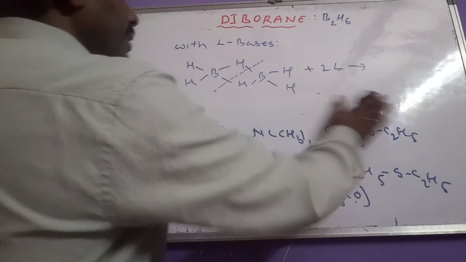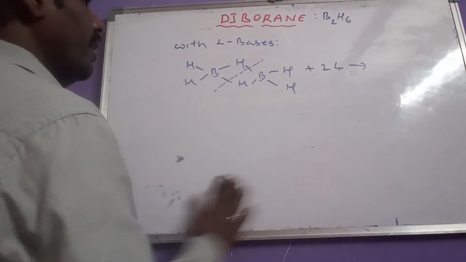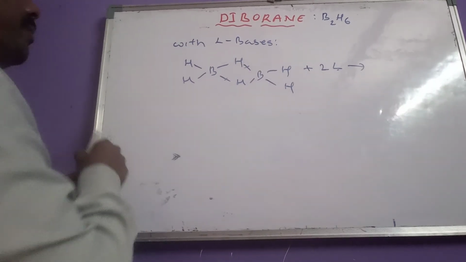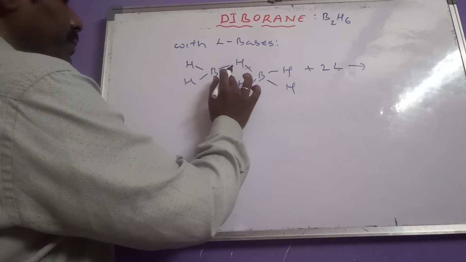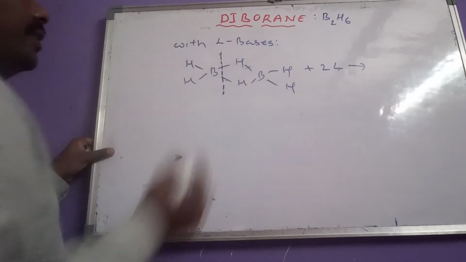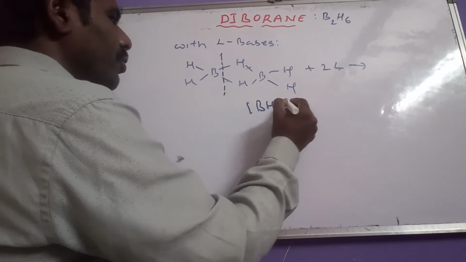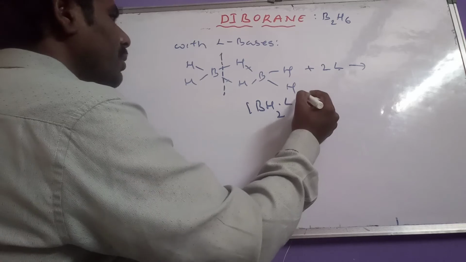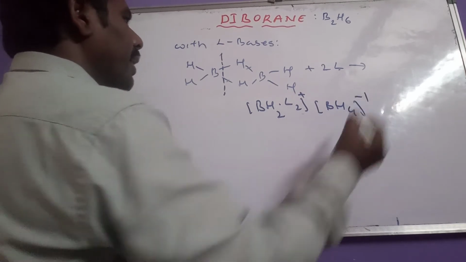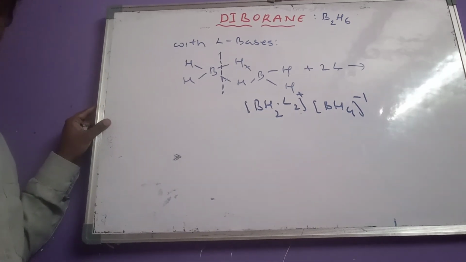Now in some other Lewis bases, we observe heterolytic cleavage. What is heterolytic cleavage? The cleavage can take place like this here. In that case we get BH2L2 plus BH4 minus. This is called heterolytic cleavage.